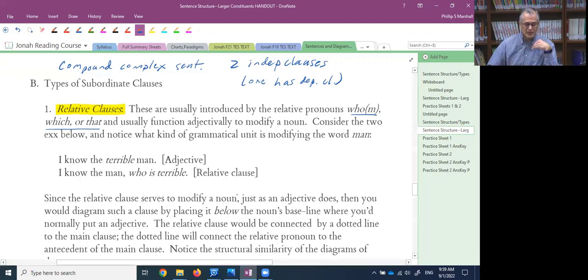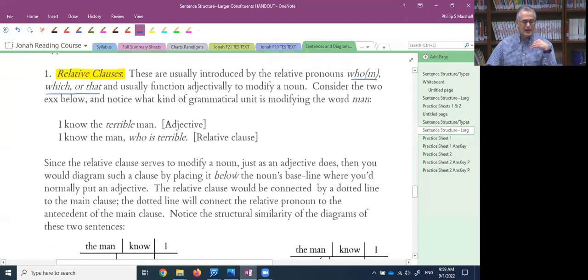So take a look at our example here. I know the terrible man, and I know the man who is terrible. I've italicized the word that modifies man, and in the second sentence, the clause that modifies man. The basic idea is I know the man, right?